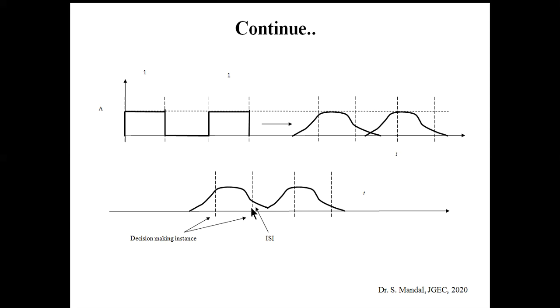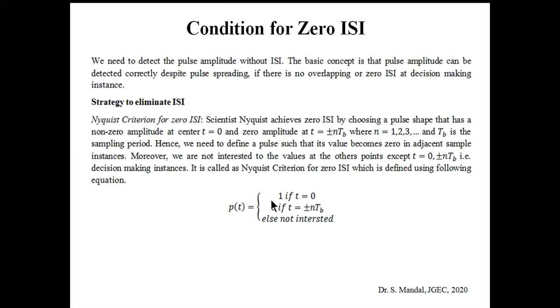That is the crucial point. If we are able to achieve 0 ISI at only the sampling instants, then we don't need to bother about other points. So the main concept for 0 ISI is that there should be no overlapping at decision making instances.